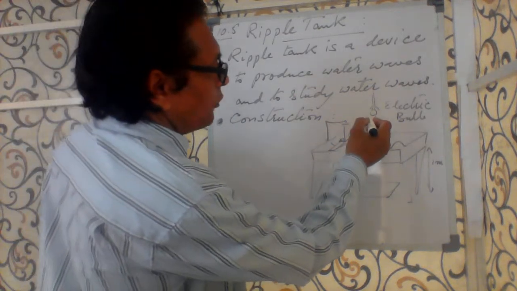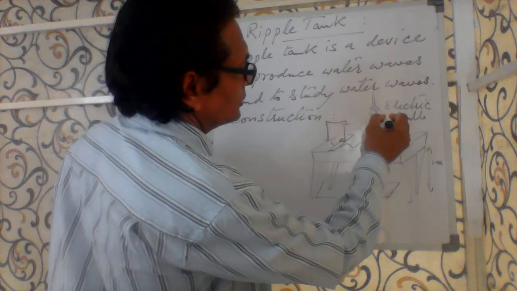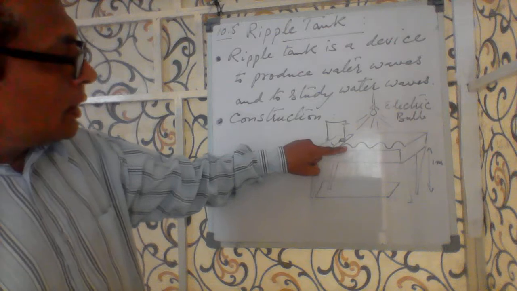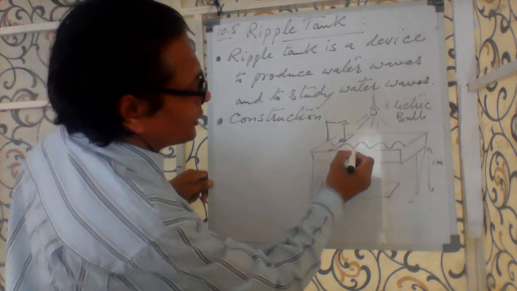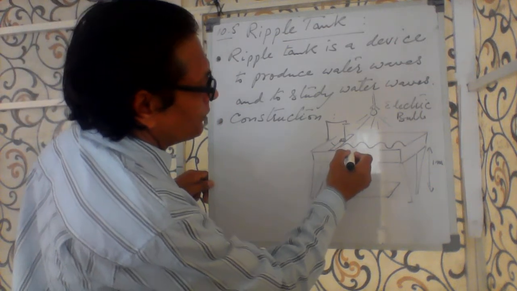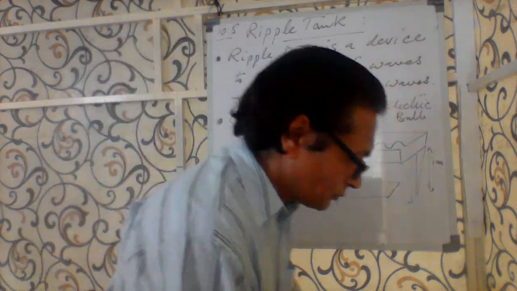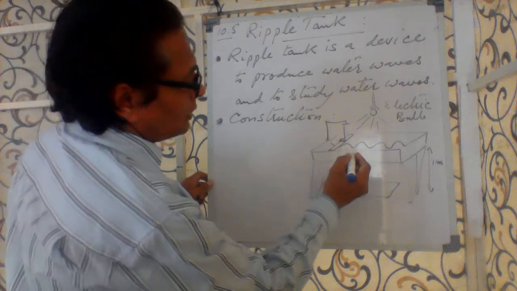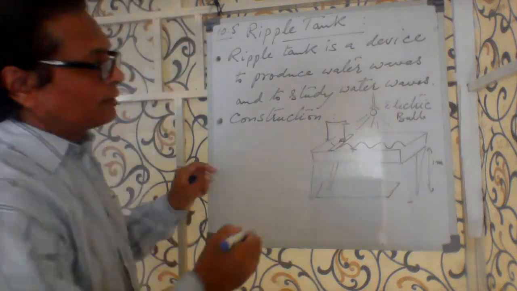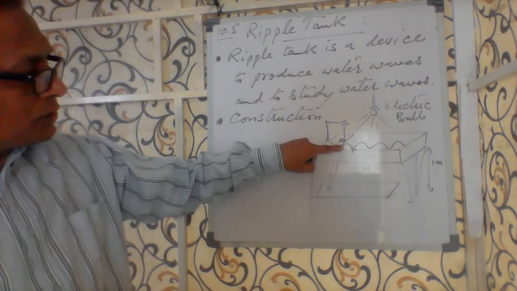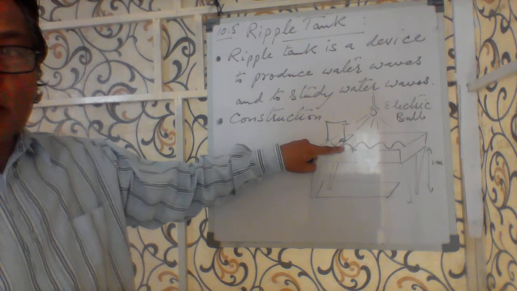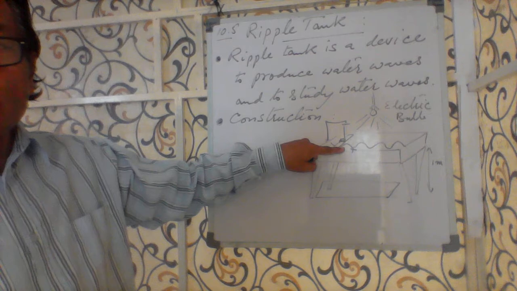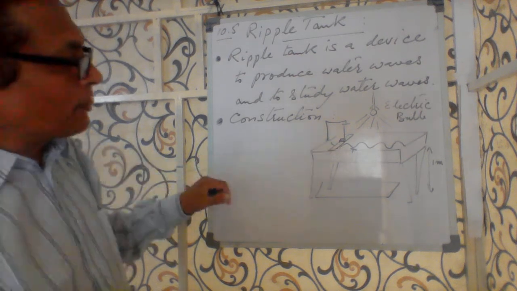When the light falls on this trough, this trough behaves like a concave lens.